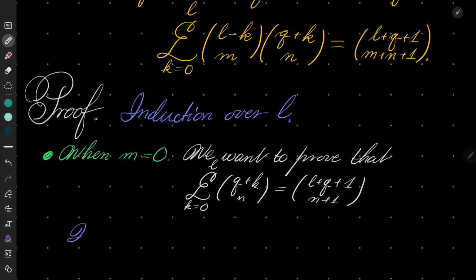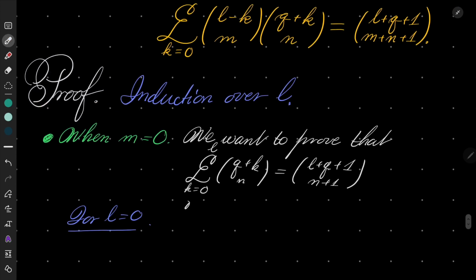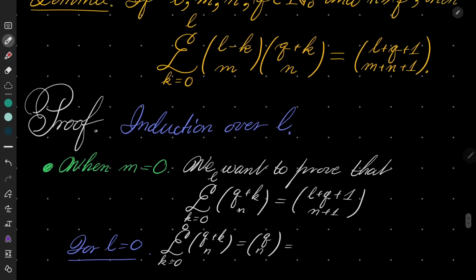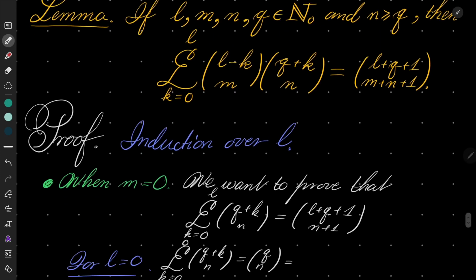So first part of our induction, for L equals 0. If L equals 0, the sum is from 0 to 0, q plus k choose n, which is simply q choose n. And now, because of our assumption, the assumption was that n is greater than or equal to q.